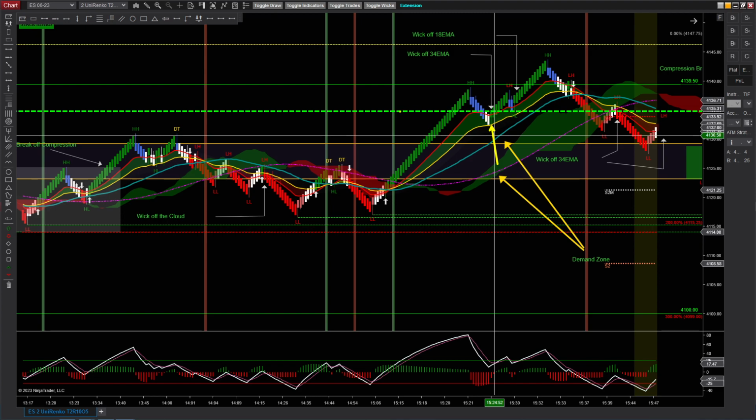So normally I like to see the market come back up, touch this one and move to the upside from that point. But it didn't, so it came back a little bit below and then came back up.